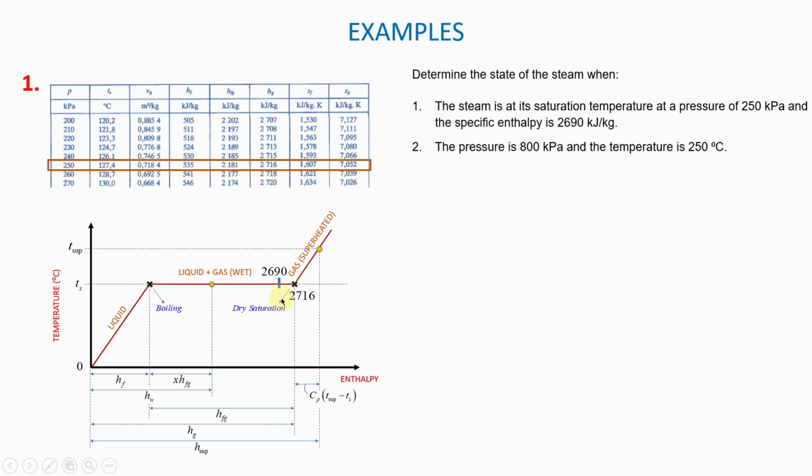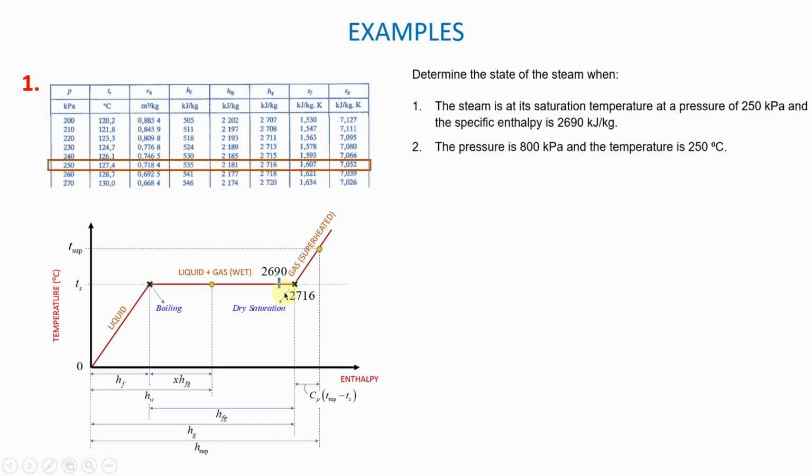That's where you will have 2690. It's somewhere here because this is smaller than 2716, which is Hg. You can see that this specific enthalpy is smaller than Hg. Therefore, since it is very close to Hg, it is falling in the wet region. You can see 2690 here in the wet region. It has to be because it is smaller than Hg.